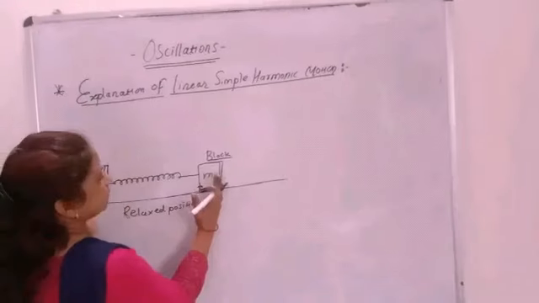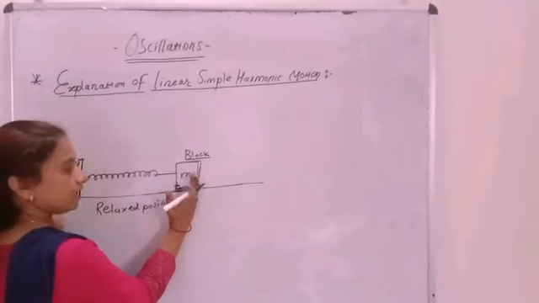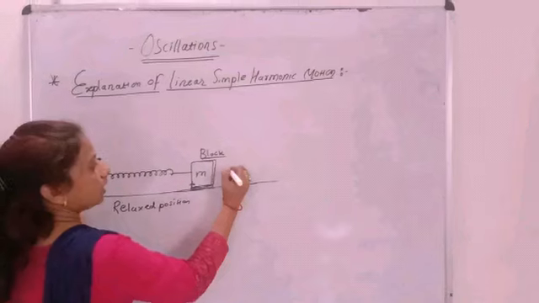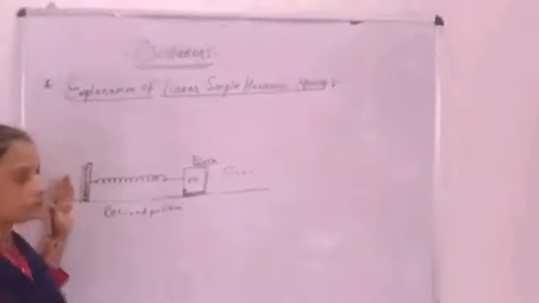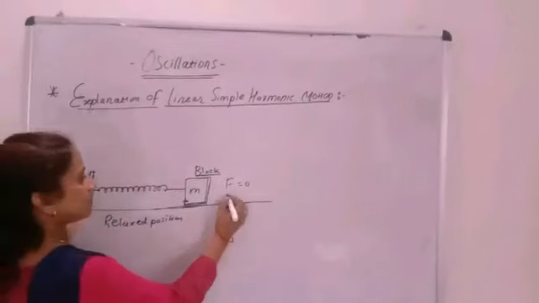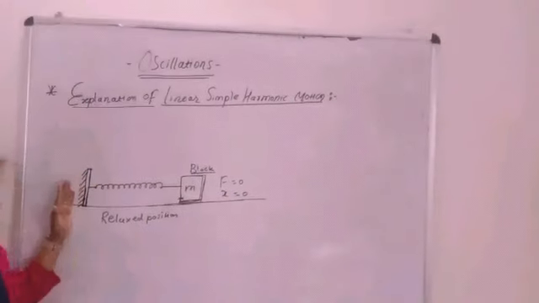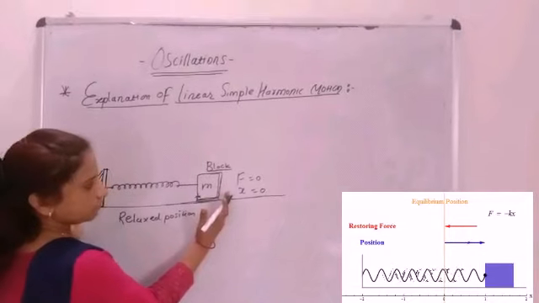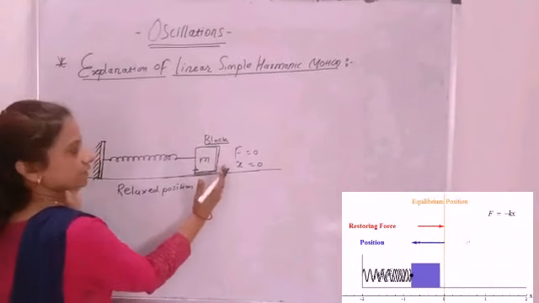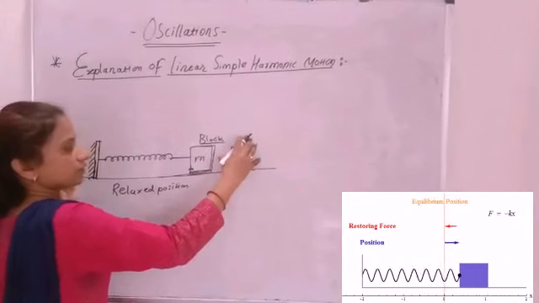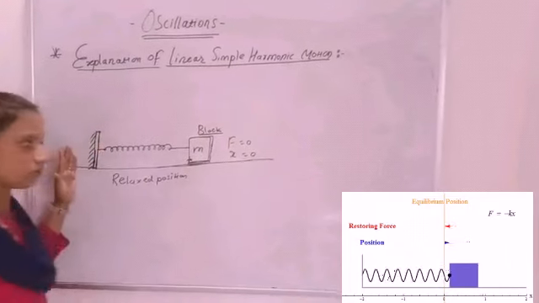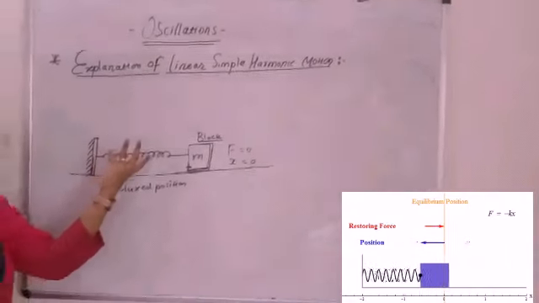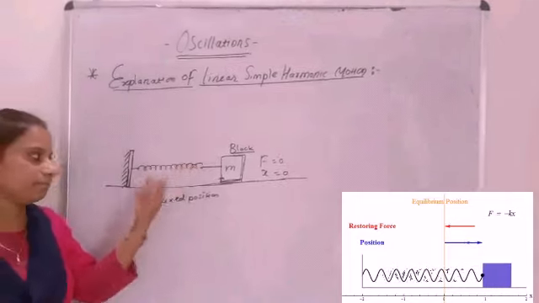This is the relaxed position of the spring. Here the force equals 0, and the displacement also equals 0. No force acts here, hence force equals 0. This is shown in this figure.